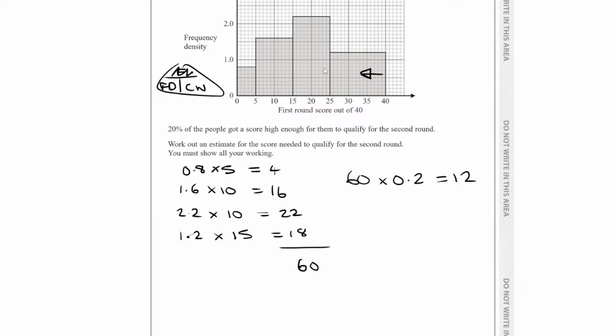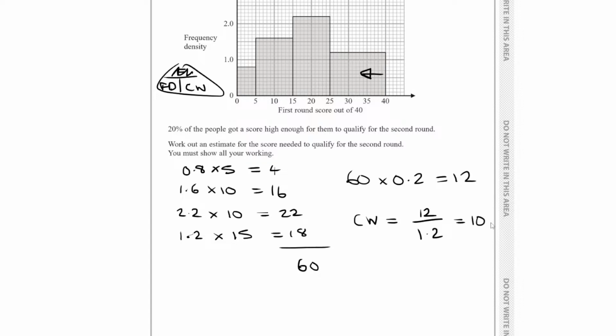So to find the class width, if you look at this formula, it's frequency divided by the frequency density, which I do know is this top one here, isn't it? So what was that? We said that was 1.2. So to find the class width for the 12 people is the frequency 12 divided by 1.2, which is quite nice. That's just 10.